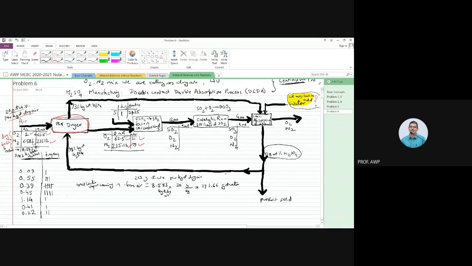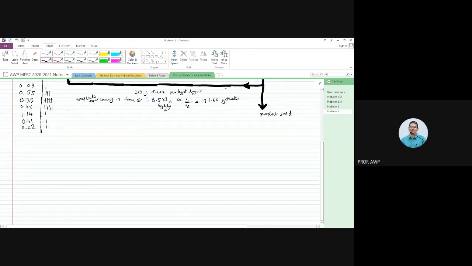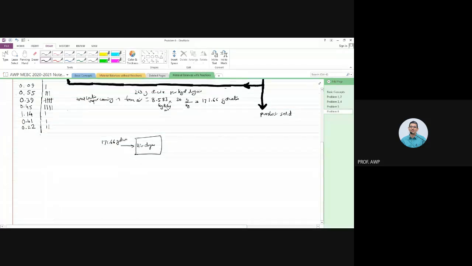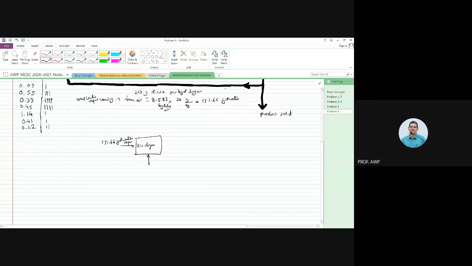So if you think about this air dryer, 171.66 grams of water come in as water vapor, 98% by weight H2SO4 comes in, 93% by weight H2SO4 goes out.